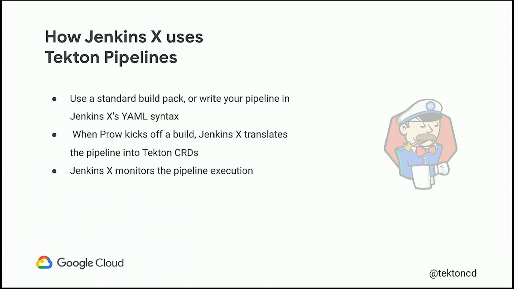Then at runtime, when a build gets kicked off, Jenkins X translates that pipeline into the CRDs that are necessary to run a Tekton pipeline. And then Jenkins X monitors the pipeline execution. So that means that, like I said, the user isn't directly interacting with Tekton. The user's interacting with Jenkins X. That means that we can do a lot of things on our side without having to worry about exactly how the user's going to interact.